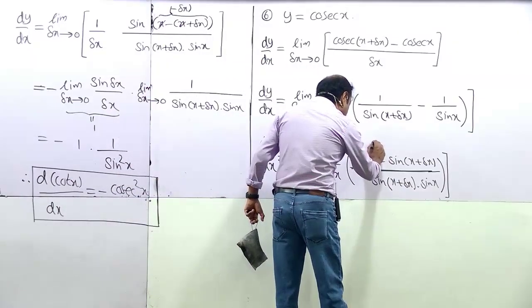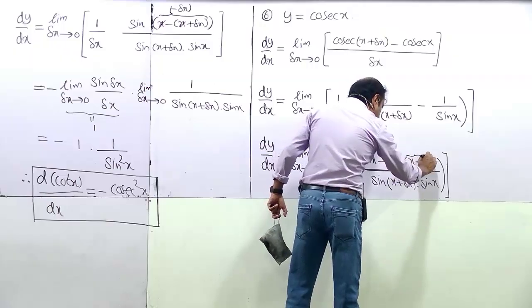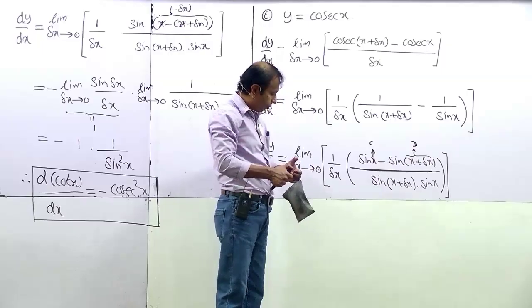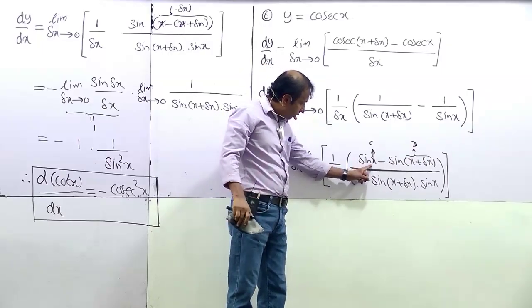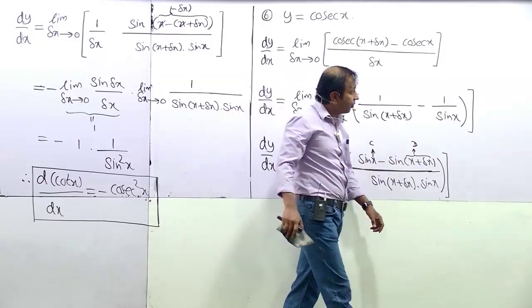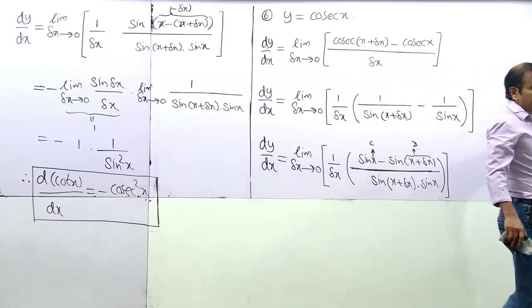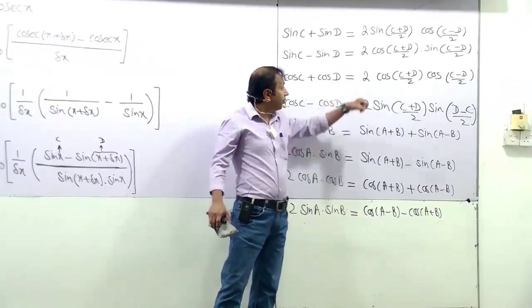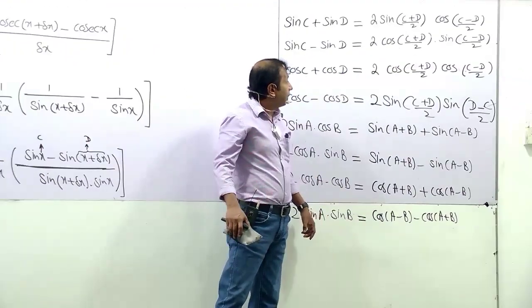Take this angle as C, this angle as D. Then here we have sin C minus sin D, put that as 2 cos (C plus D) by 2, sin (C minus D) by 2.